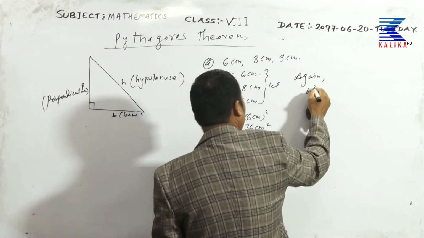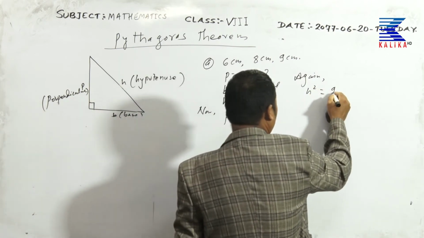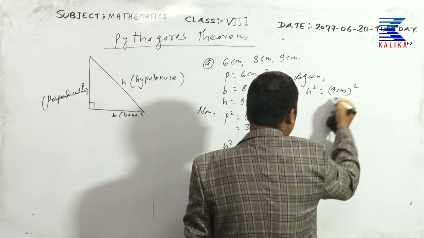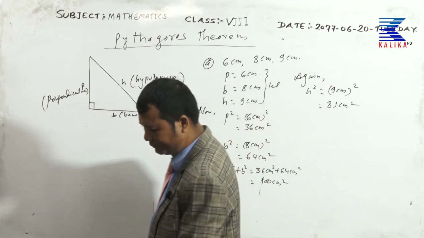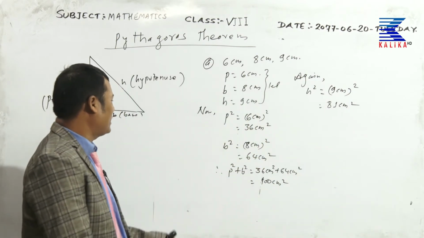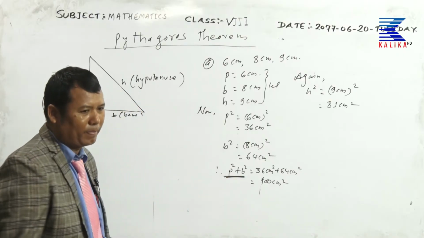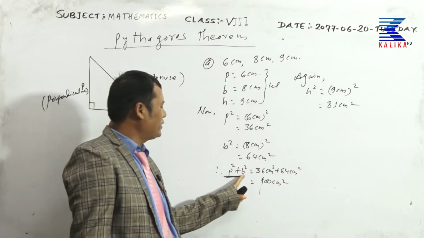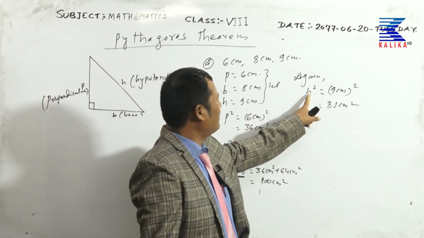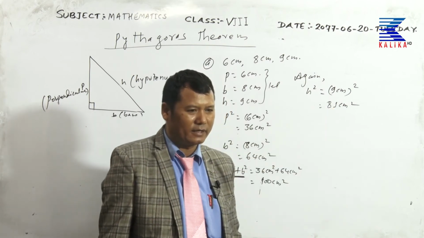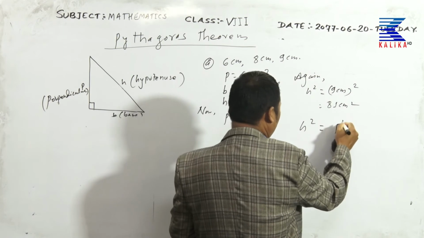Again, H square is equal to 9 cm whole square, 9 nines are 81 cm square. The sum of P square plus B square is 100 cm square, and what is the value of H square? 81. If those are equal, H square is equal to P square plus B square.